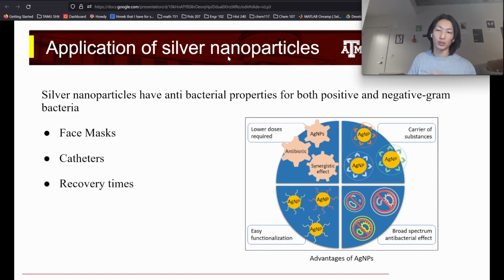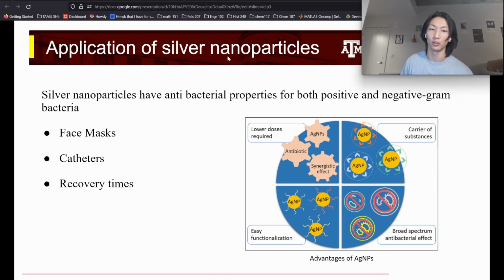For long-term use of catheters, bacteria might build up. So having a lining of silver nanoparticles might be really beneficial for some hospital patients that are staying there long term. In general, silver nanoparticles can be used for various reasons, mainly focusing on highly infectious areas that might have a lot of bacteria on them.